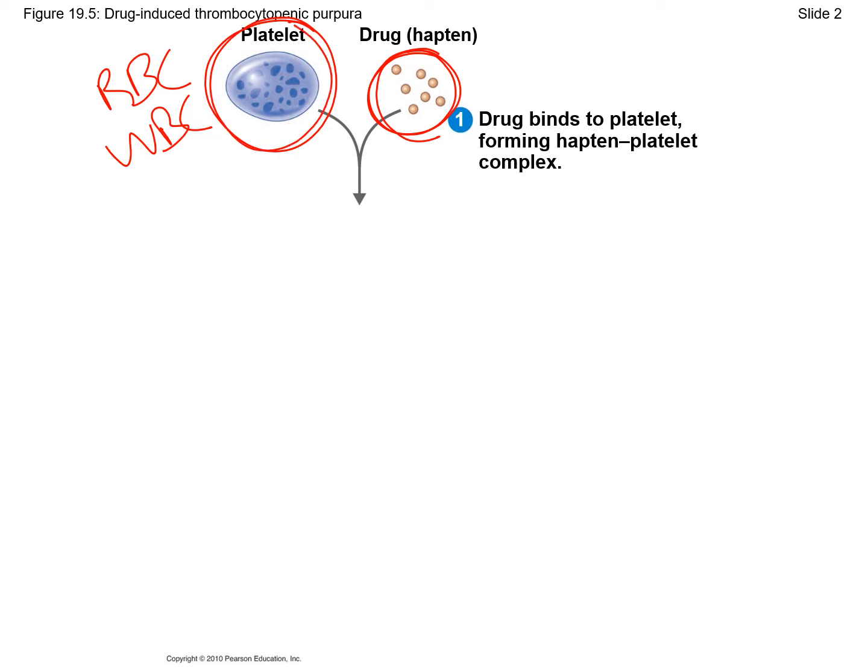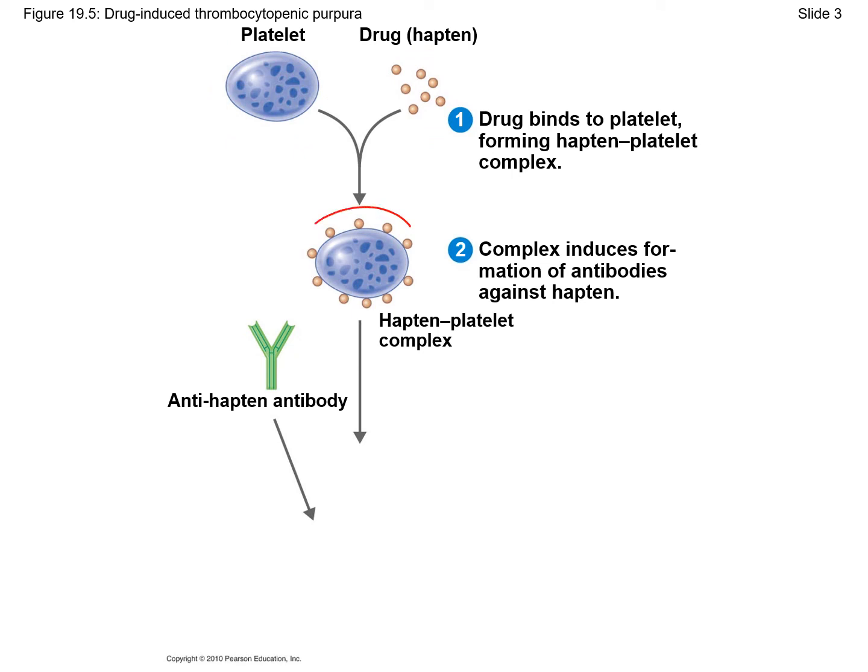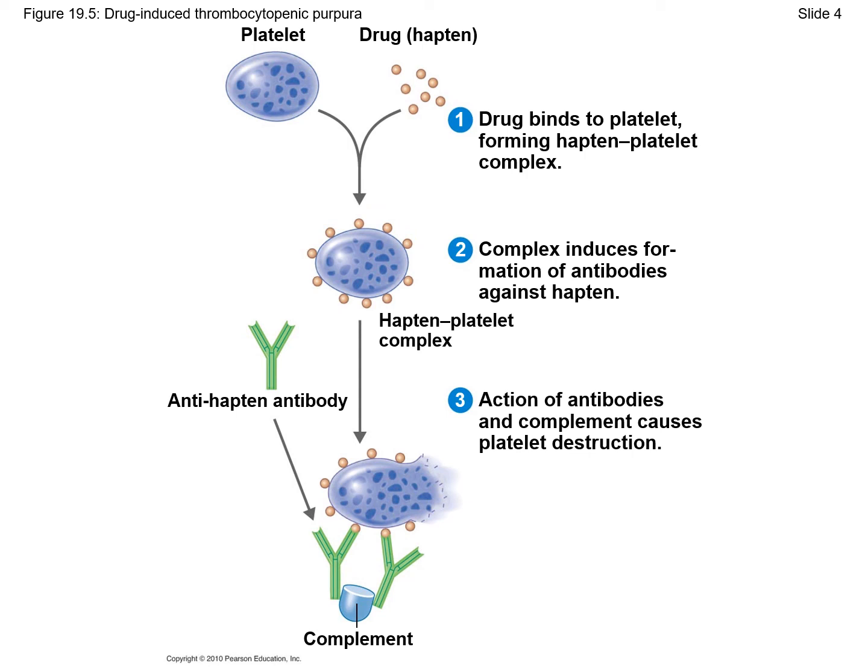So when they come in contact, the drug binds all over the blood cell, again, the white blood cell, red blood cell, or the platelet, and now the antibodies that are specific for that drug will bind to that cell and activate complement, which will end up lysing the cell.